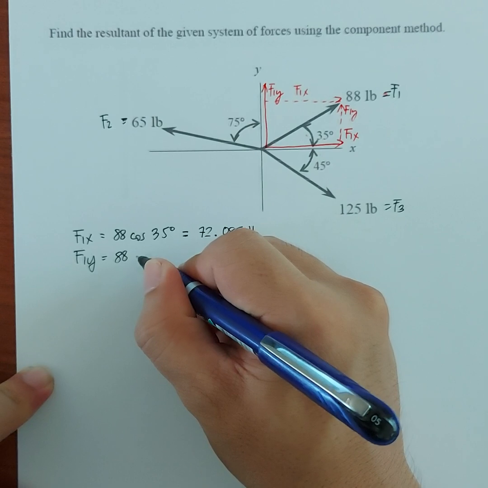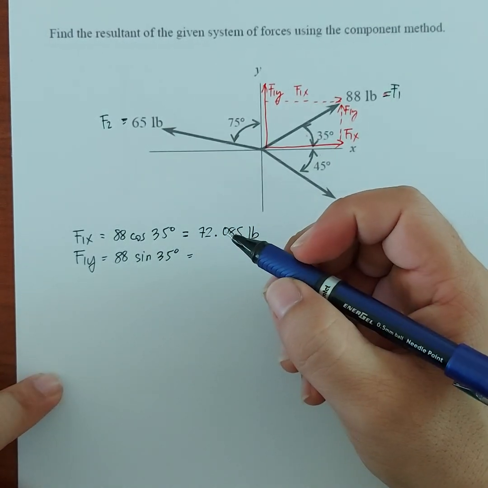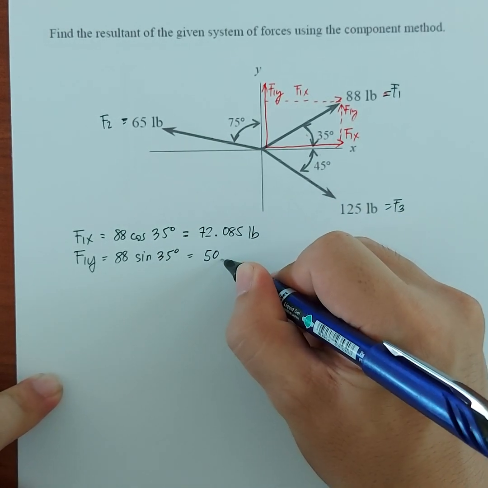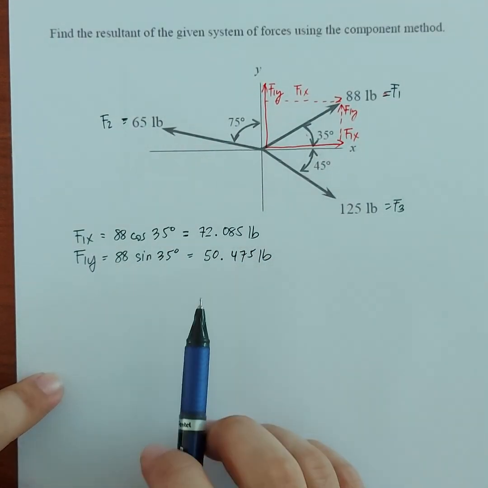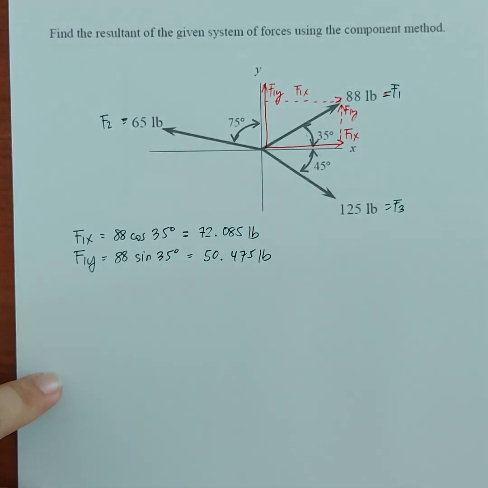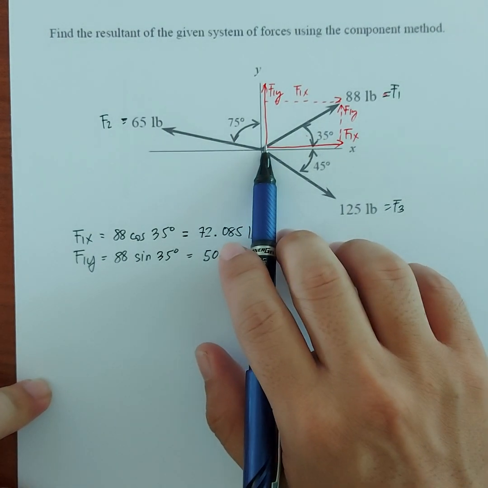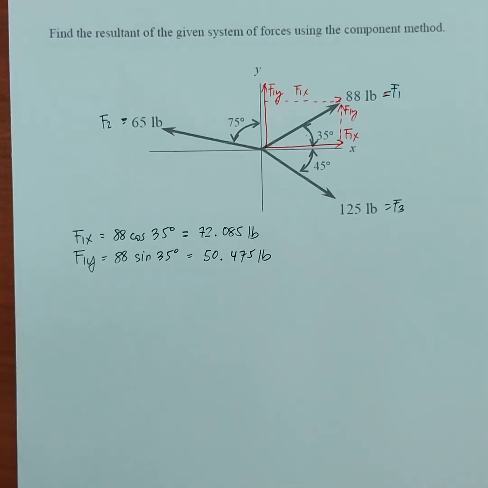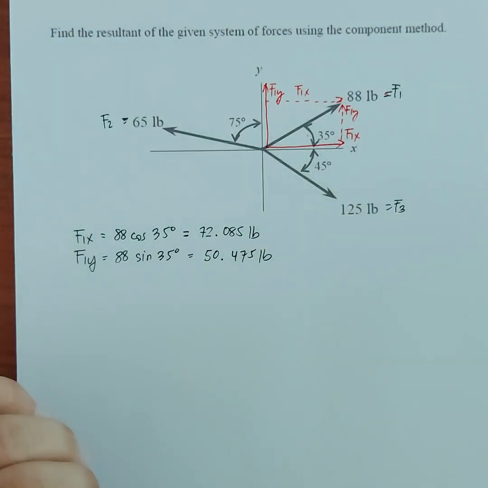So, 88 sine of 35 degrees. That is equivalent to 50.475 pounds. Alright, so that is F1x, F1y. Okay, so both components are positive. So F1x is directed to the right, F1y is directed upwards. So, positive sila.